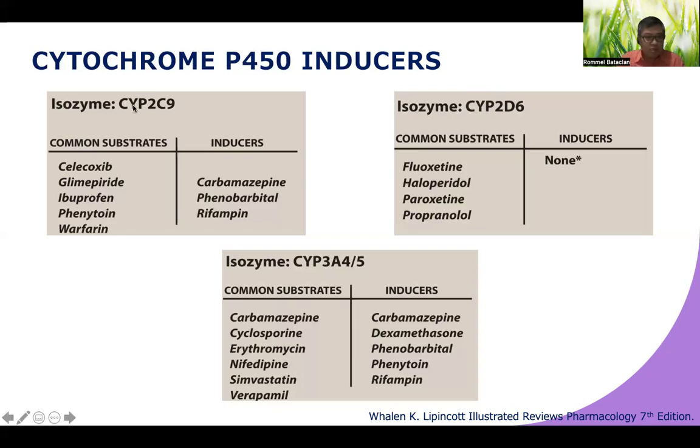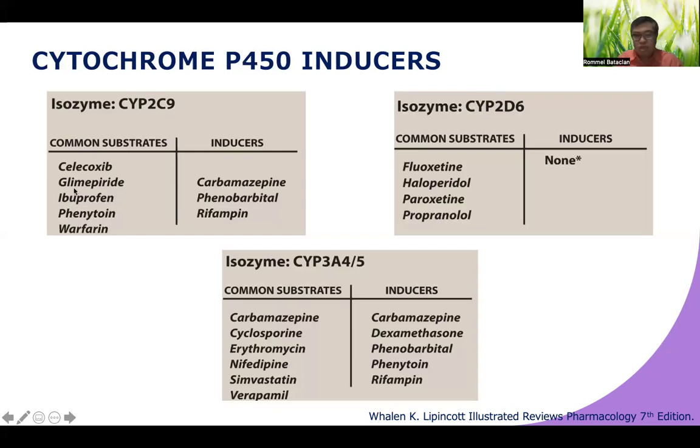For example, CYP2C9 metabolizes these particular drugs. So they're inducers. For example, the patient is a diabetic on glimepiride, and at the same time the patient also has a seizure disorder and is on phenobarbital.